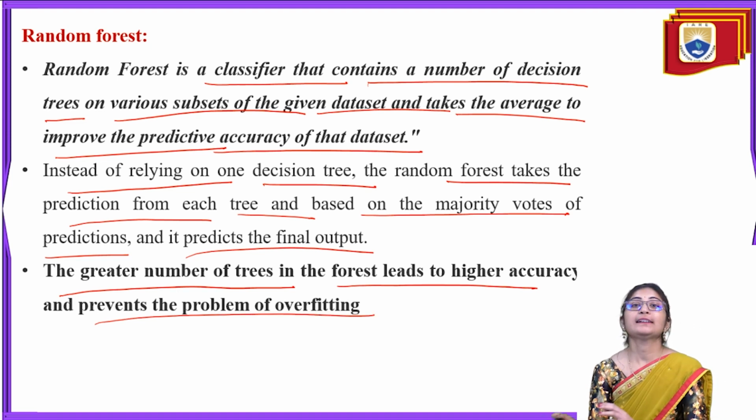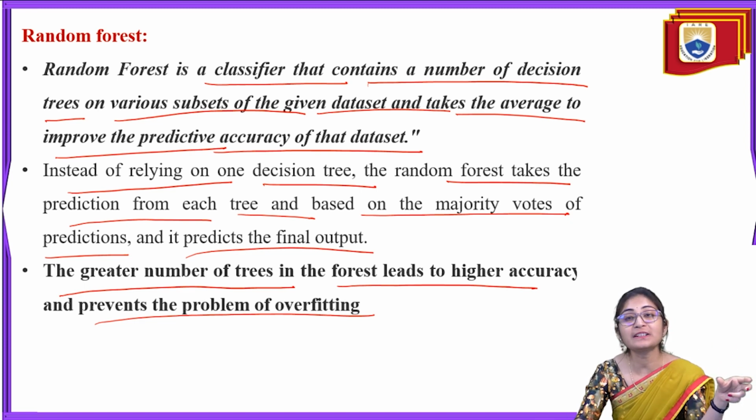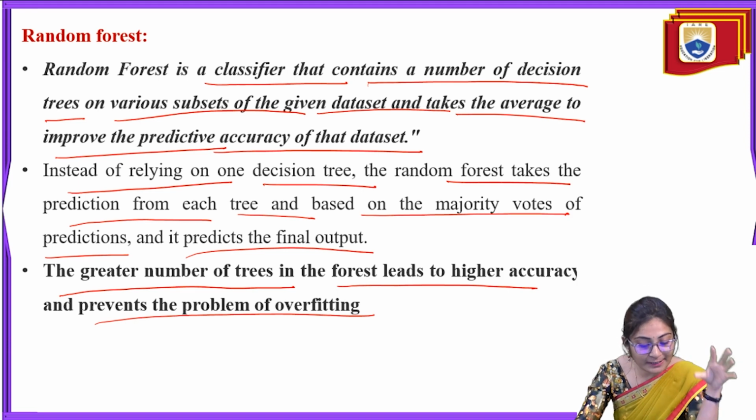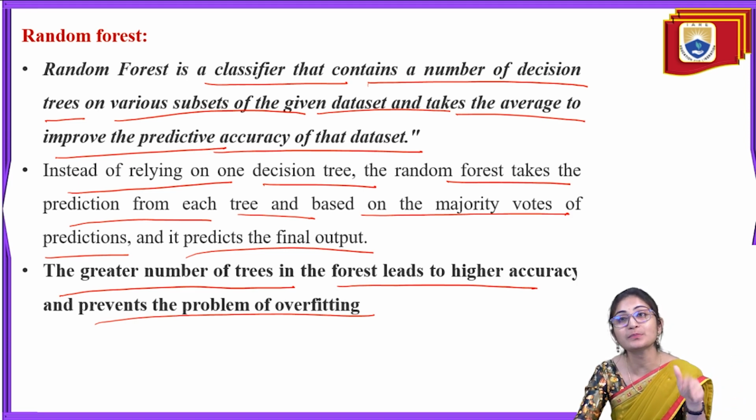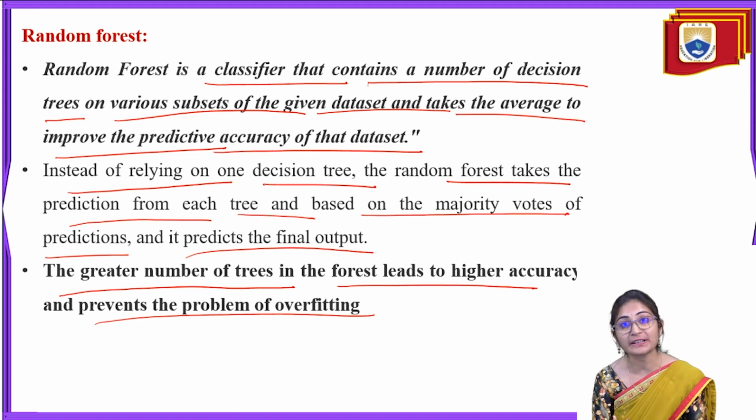So here, random forest can take so many predictions. So many predictions means random forest will contain so many trees. They are containing so many decision trees. And on the basis of the trees, we are taking some decisions. We are finding out some outputs, some predictions.